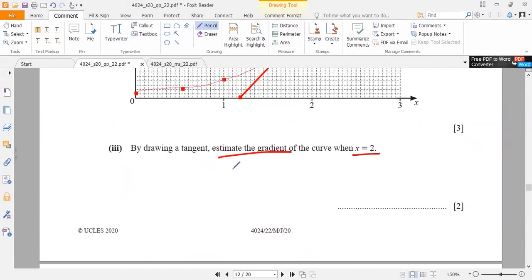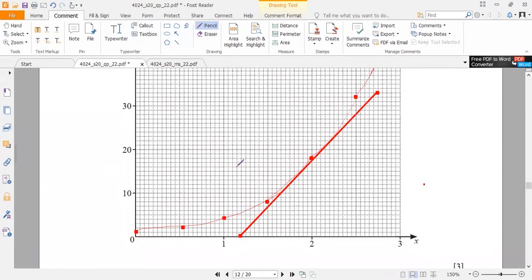So for the gradient, we need to find 2 points. I can take this point, which is 1.4, and obviously y will be 0, and this point will be 2.75, with y value 33.